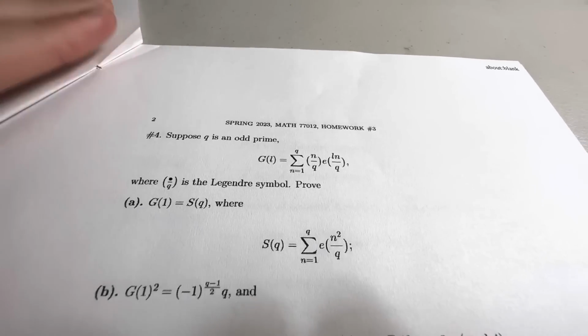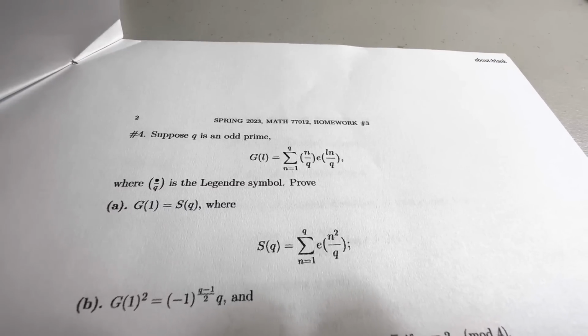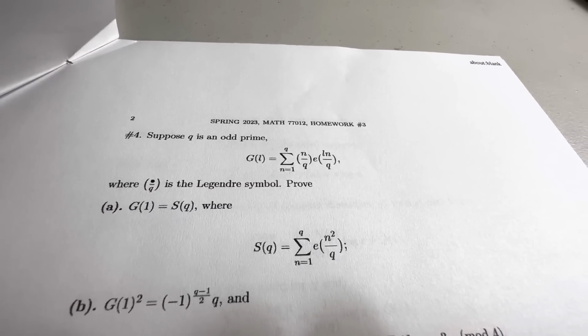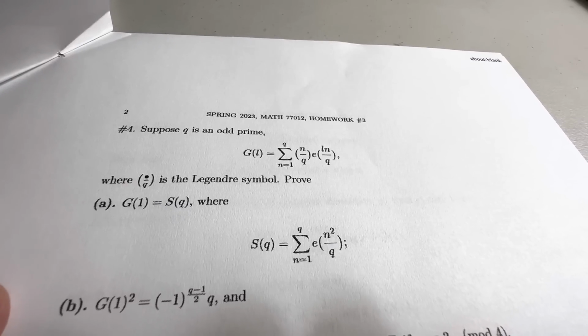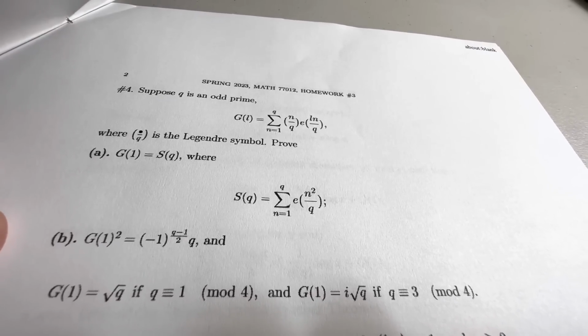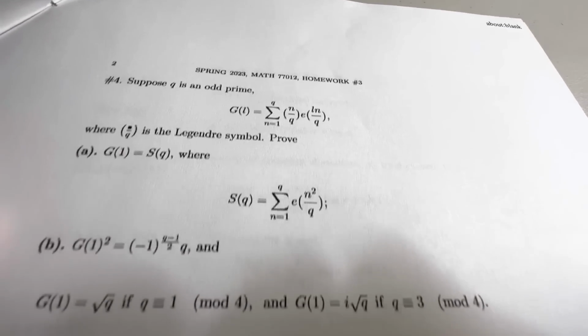Okay, problem 4. I believe problem 4 he said would count as 2 problems. Suppose q is an odd prime, g_l is defined as follows, a Gauss sum, and we want to prove that g_1 is equal to S_q, where S_q is equal to this guy.